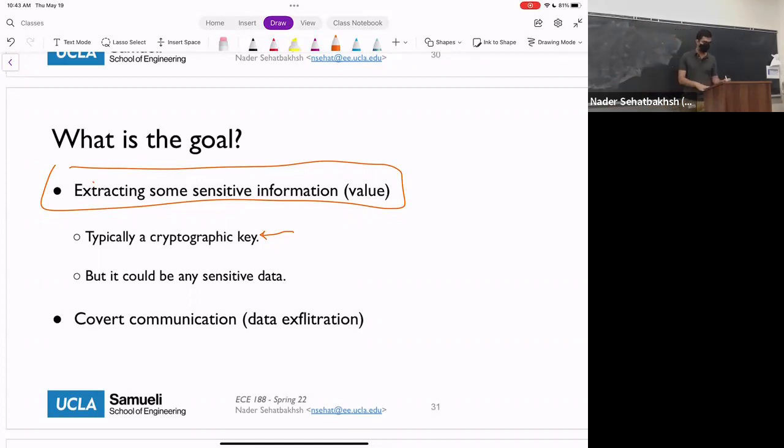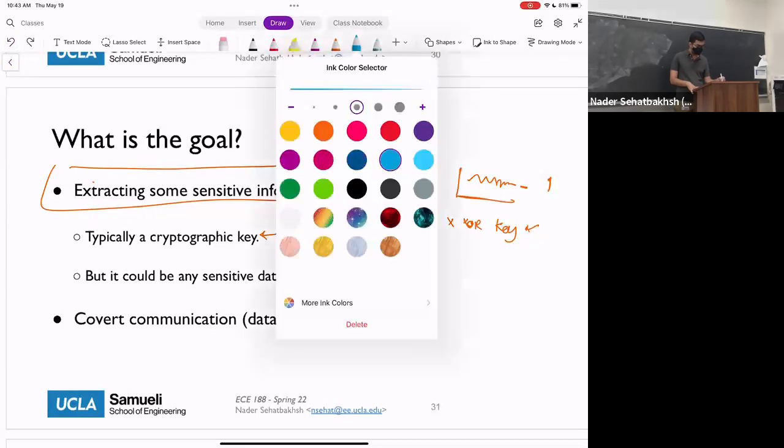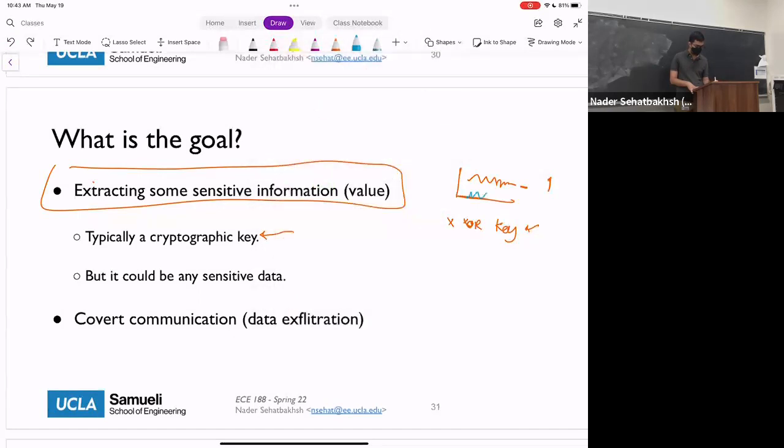of the key. So for example, let's say I measure the power, and whenever I XOR my value, so let's say my X with key, if the key is equal to 1, I get a behavior like this, if key is 1. And if the key is 0, I get a behavior like this. Basically, the amplitude is significantly lower, for example.